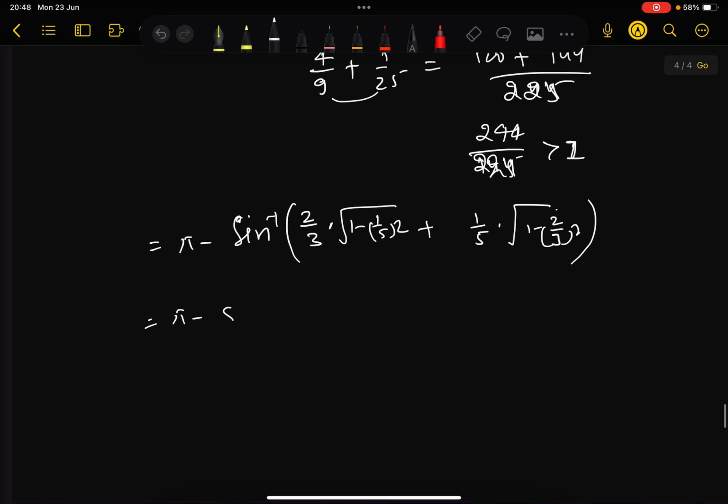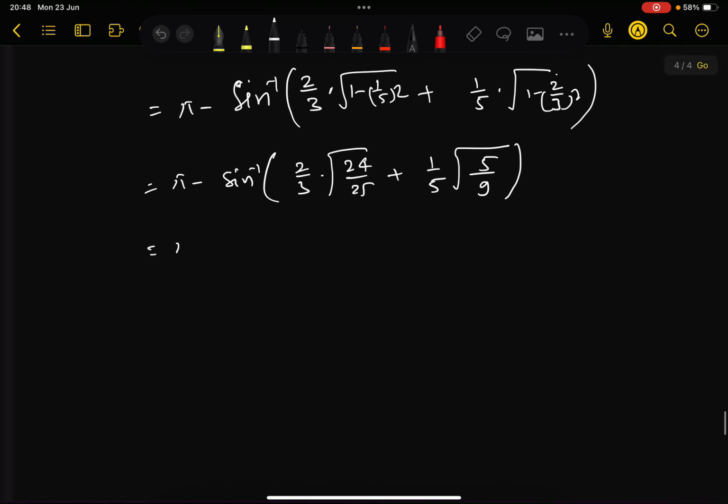So this is equal to pi minus sine inverse 2 by 3 into root of 24 by 25, plus 1 by 5 root over 9 minus 4, that is 5 upon 9.